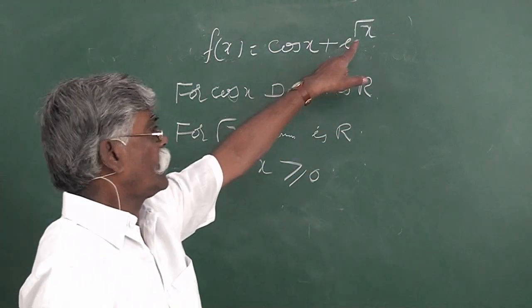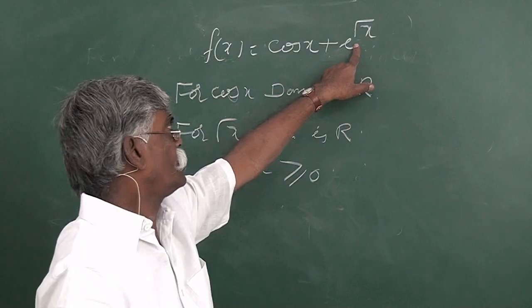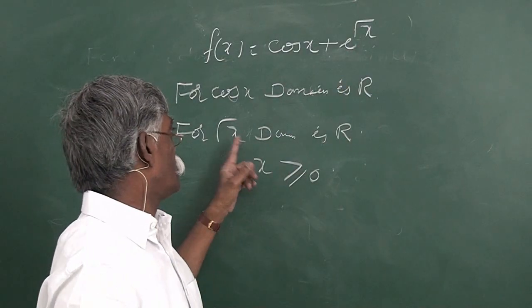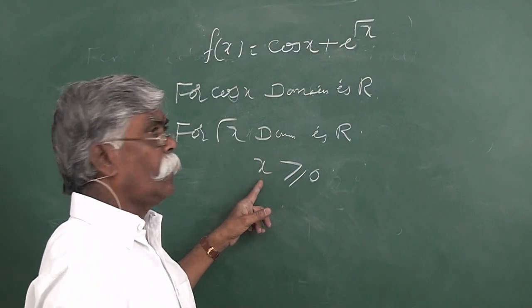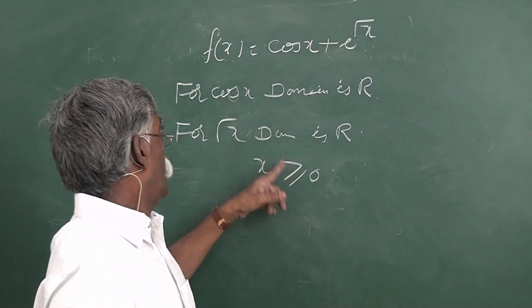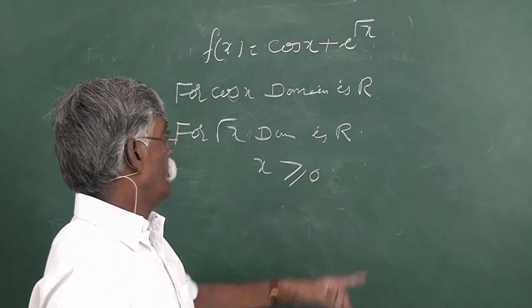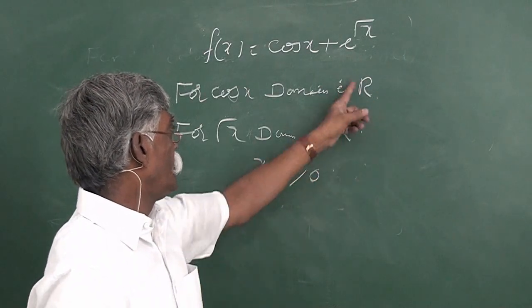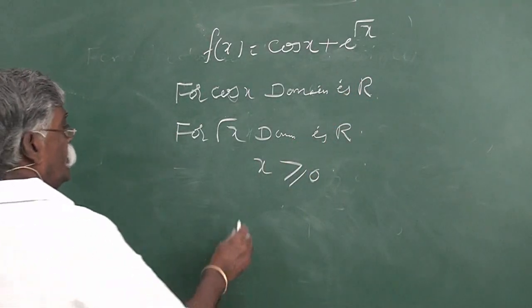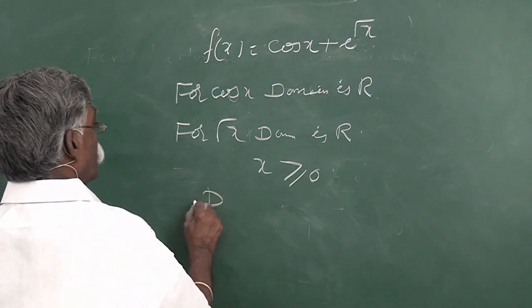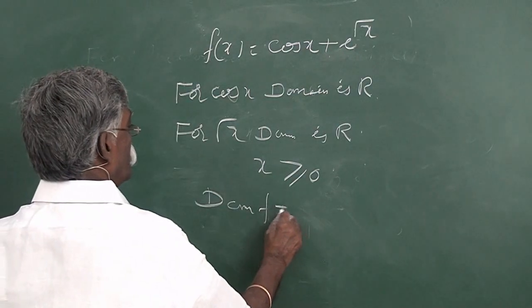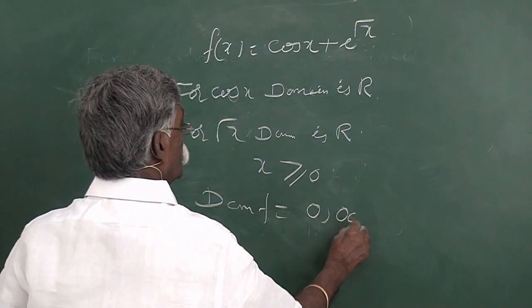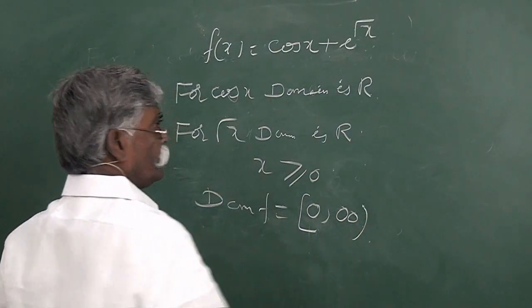Because for e power x, the domain is capital R, therefore root x belongs to capital R, automatically x must be positive. And domain of cos x is R, and the values which are common to both are from 0 to infinity, therefore the domain f is equal to 0 to infinity.